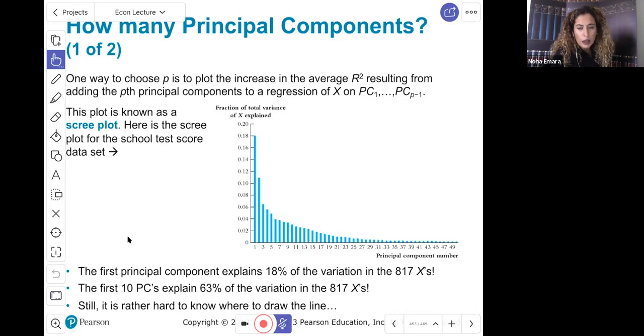The more principal components, the less the explanation of the model. This is called a scree plot. A scree plot is just the plot that shows the relationship between the principal component number and the explanation of the variation in the dependent variable.